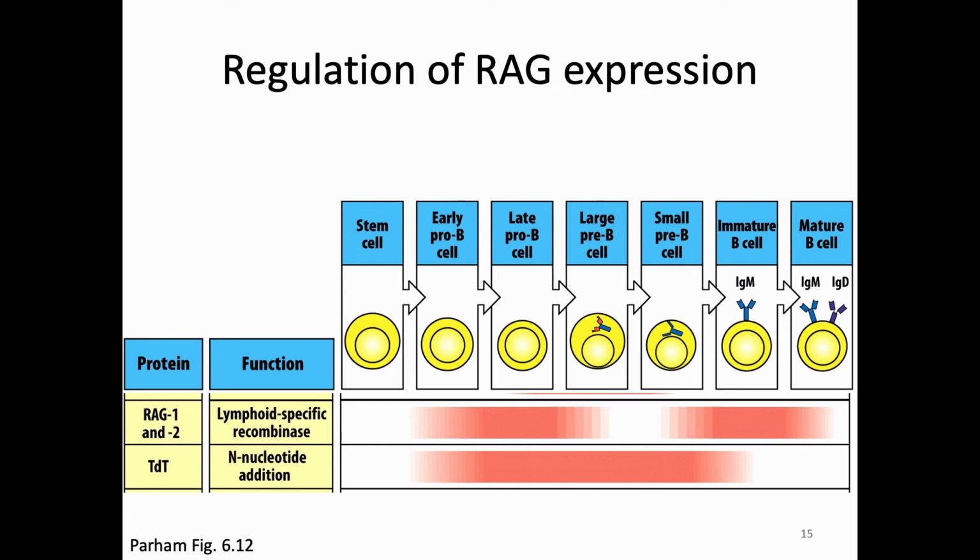So one other thing that I mentioned to you is that we only receptor edit at the light chain. We don't receptor edit at the heavy chain. And we need to think for a second about why it is that we only receptor edit at the light chain and that we don't receptor edit at the heavy chain.